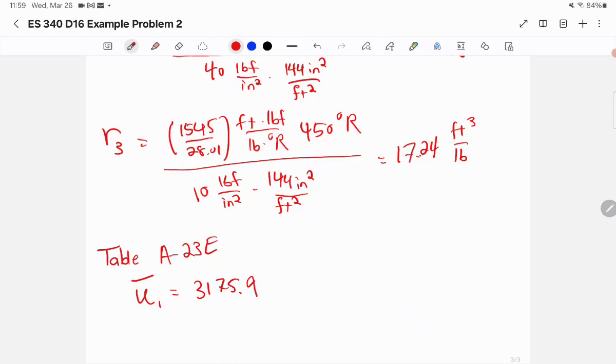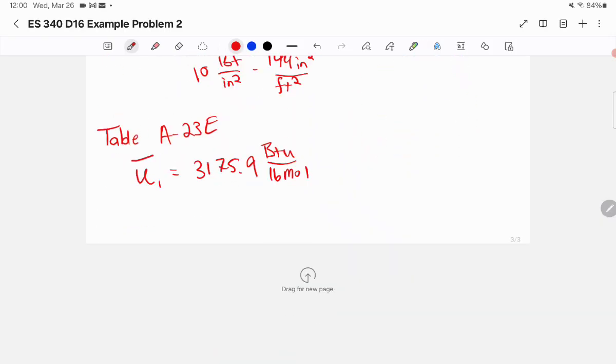This is reading off the table, and using interpolation. I didn't mark off which ones needed interpolation. That was my fault. But either reading off the table or interpolating, we get 3175.9 BTU per pound mole. That's the value that's read off the table.